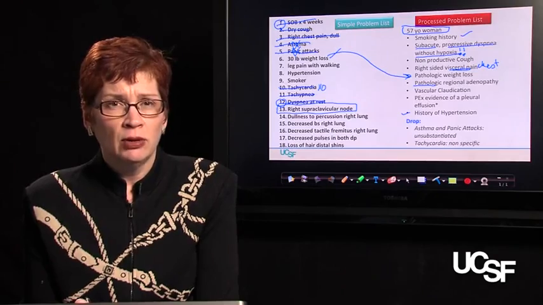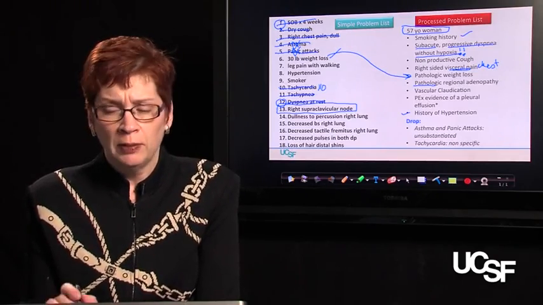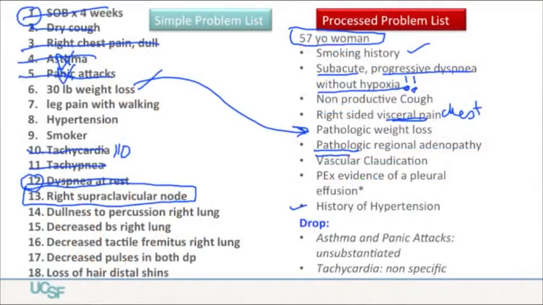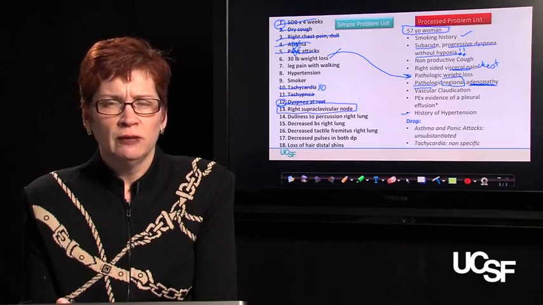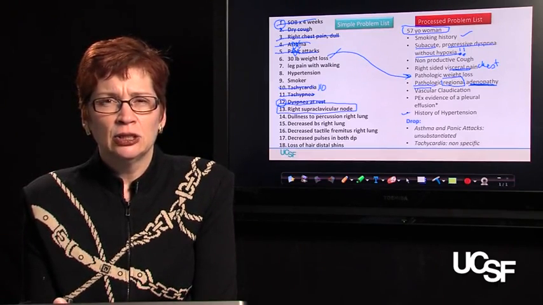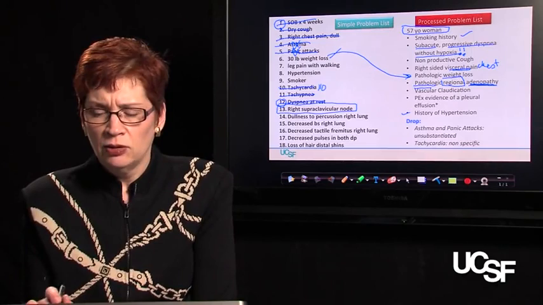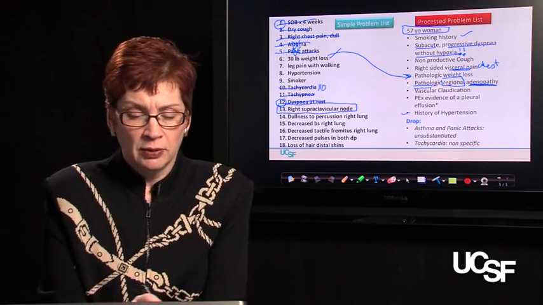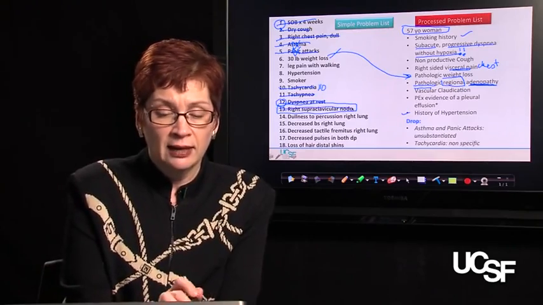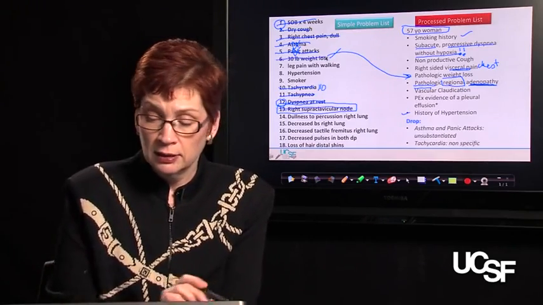So immediately, rather than just describing a node, we're going to say it's a pathologic node, and we're going to describe it as adenopathy, so that's an abnormal node, and we're going to use the descriptor regional because it's in an area located close to her chief complaint and isn't associated with lymph nodes anyplace else. Rather than diffuse or lymphadenopathy, we're going to say it's regional adenopathy. So we've taken care of that. We've taken care of the 30-pound weight loss.